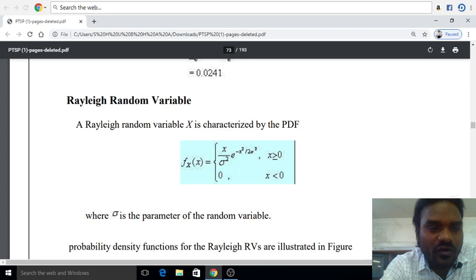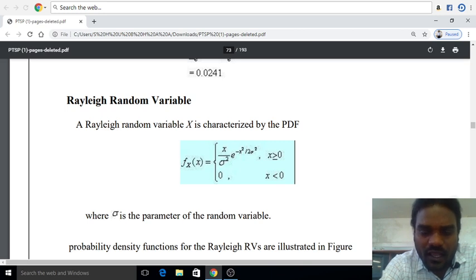Here we are going with another distribution, also named the Rayleigh distribution, and in this distribution we consider the variable as the Rayleigh random variable X, characterized by the PDF, the probability density function f_X(x).